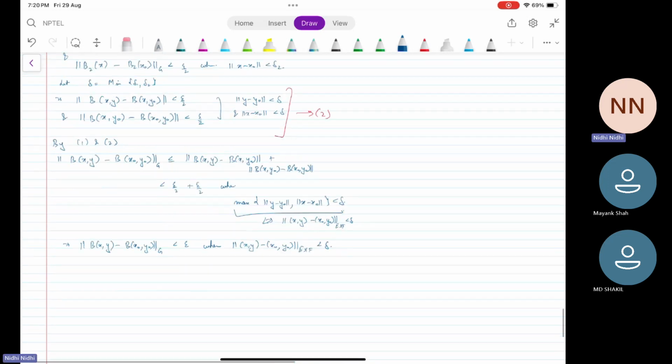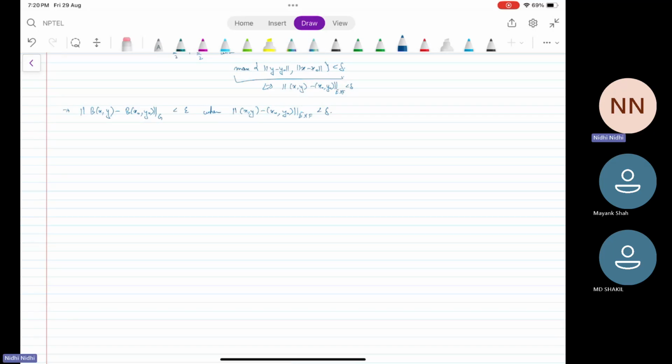So next we'll do some applications of the chain rule.